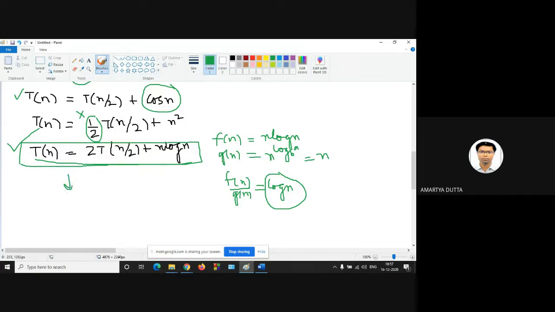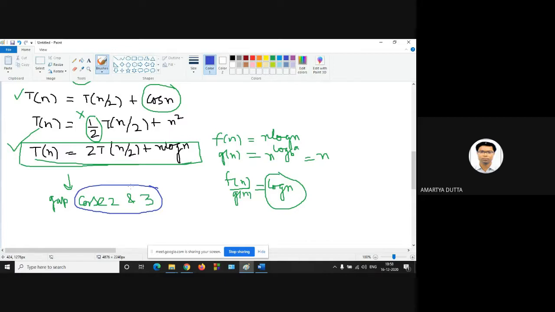Write down: gap between case 2 and 3. This particular problem, T(n) = 2T(n/2) + order of n log n, belongs to the gap of case 2 and 3. This can be solved using a special case of master theorem, which is out of syllabus.